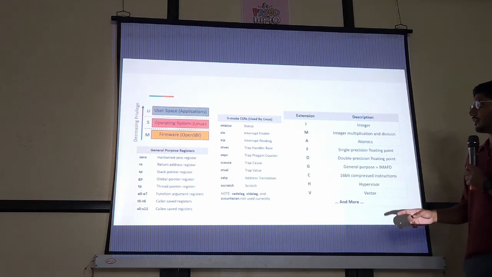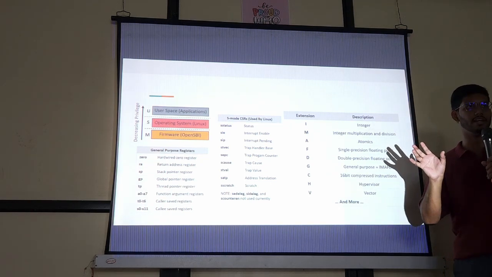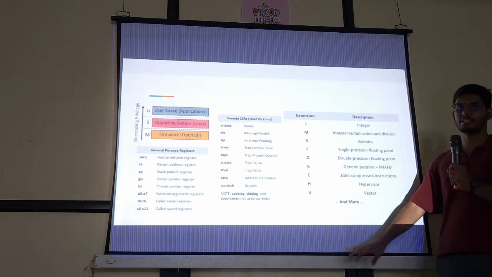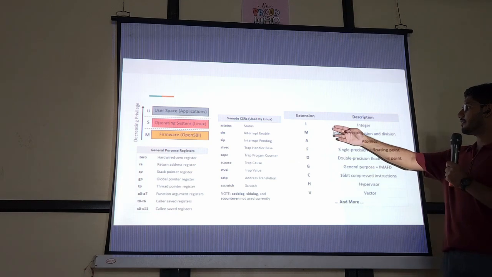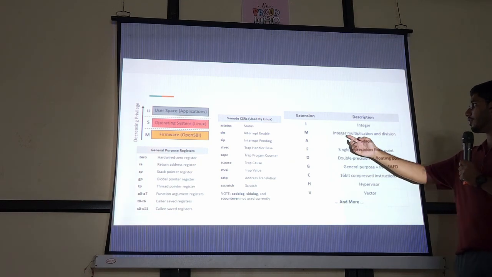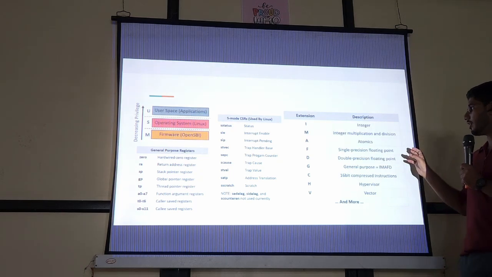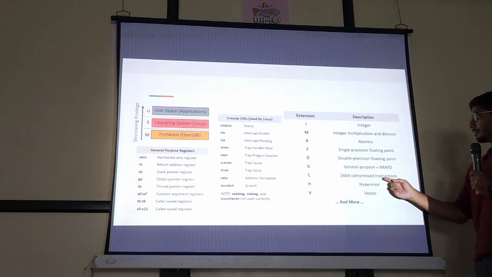Then at the start I told you about extensions. RISC-V is a set of ISAs, not a single ISA. These are the extensions which are widely available in RISC-V. So RISC-V has integer, then M for multiplication and division of integers, then atomic, then single precision floating point, double precision floating point, then general purpose.